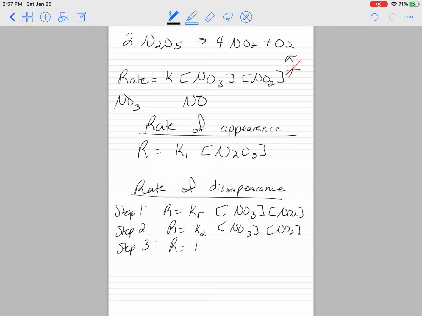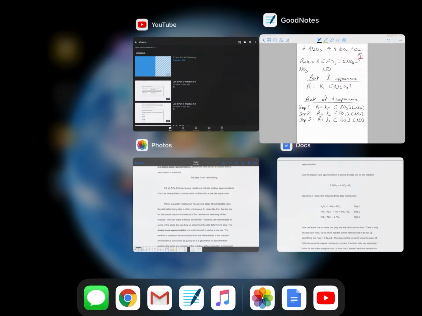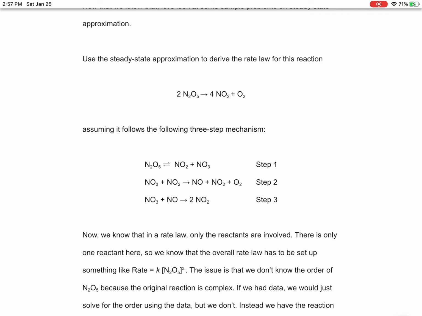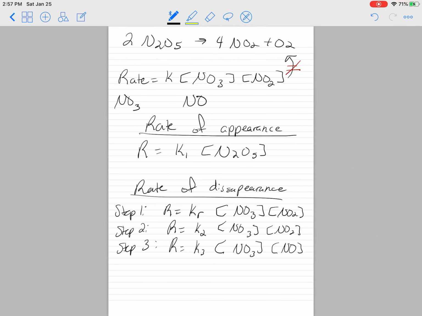Finally, in step 3, we'll have R is equal to K3, and that one is NO3 times NO. If we go back and look at the reaction mechanism, we can see that the reactants for step 3 are NO3 and NO.